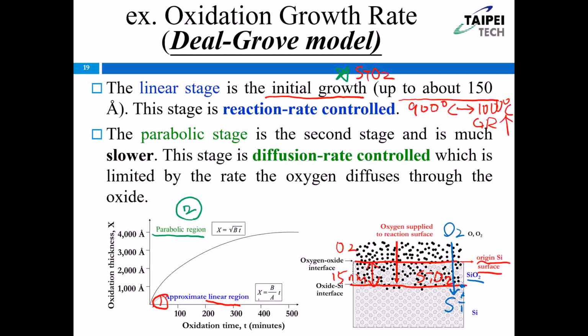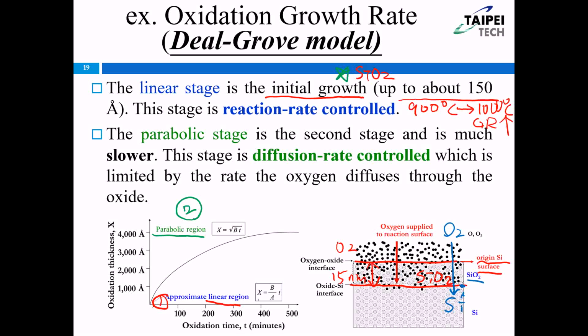So if I can increase the diffusion coefficient of the oxygen, it means we can let the oxygen diffuse through the silicon dioxide more quickly, and we will have more oxygen at the silicon surface. Then, if we have more reactant on the silicon surface, the growth rate can be enhanced.